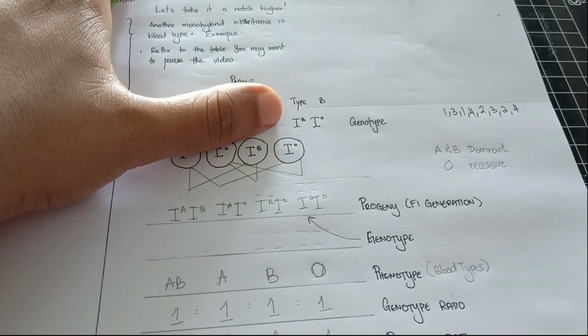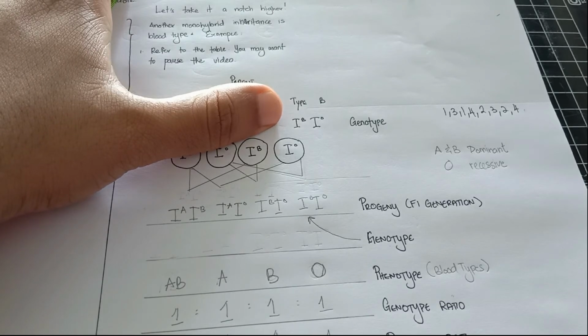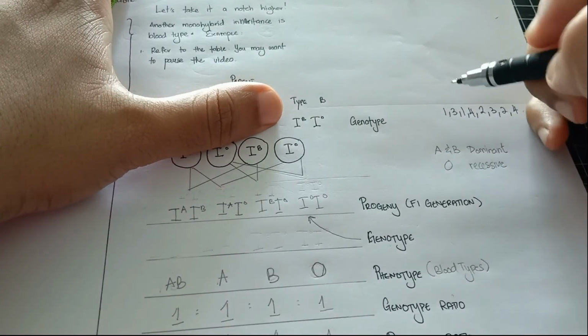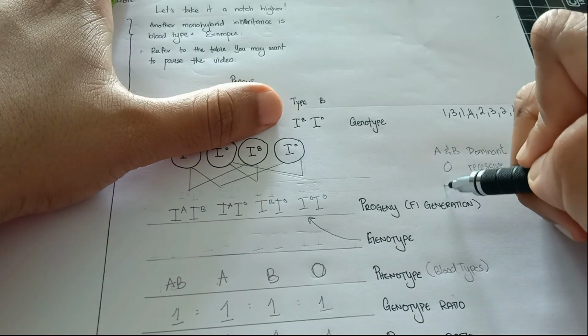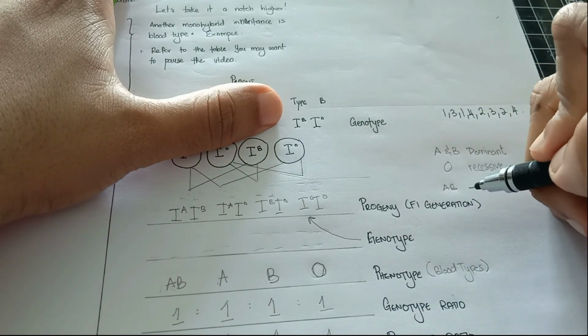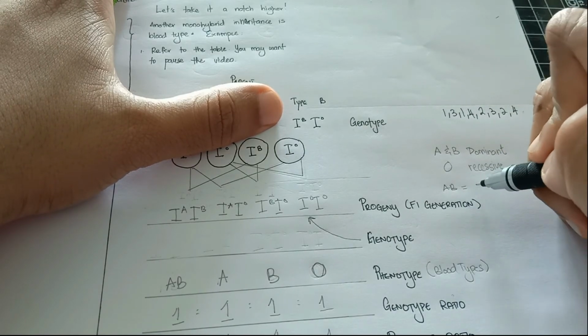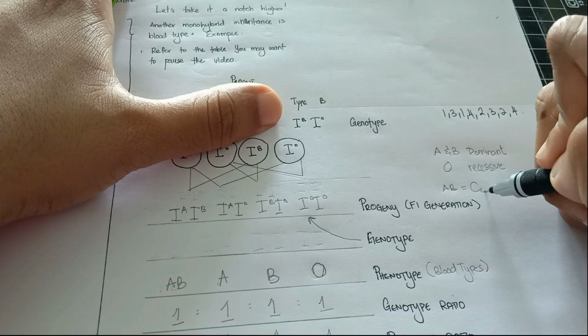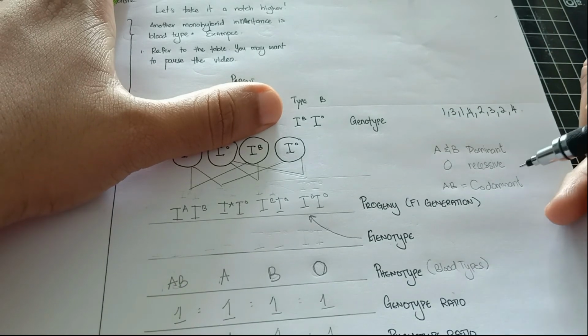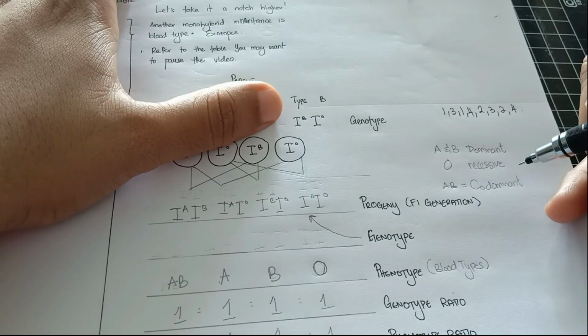It's the dominant one. Recessive is the quiet one. It will quiet down. So the recessive only will manifest itself if there are 2 recessive alleles there. So what about AB? Now, since A and B are both dominant, we call this codominant. So far, okay?